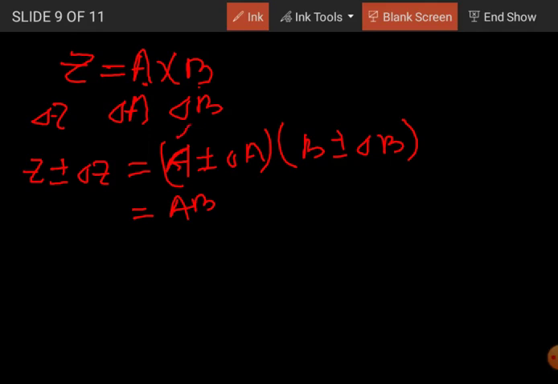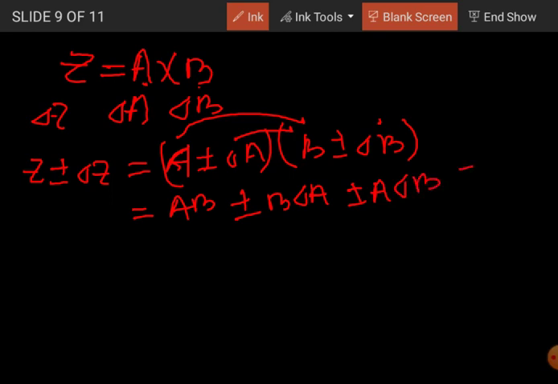If you multiply b with delta a, it will be plus minus b times delta a. Then multiply a with delta b, so it will be plus minus a into delta b, plus minus delta a delta b.